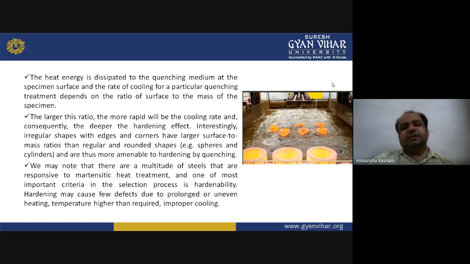The heat energy is dissipated to the quenching medium at the specimen surface, and the rate of cooling for a particular quenching treatment depends on the ratio of the surface to the mass of the specimen.